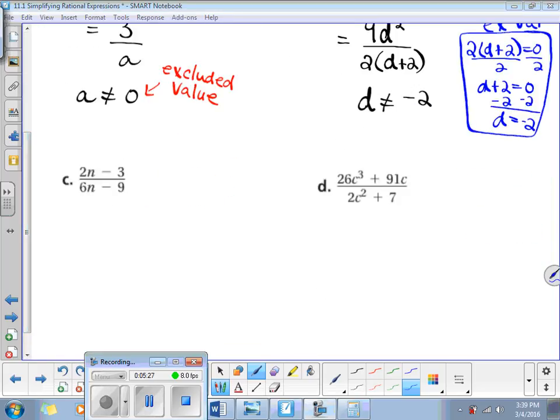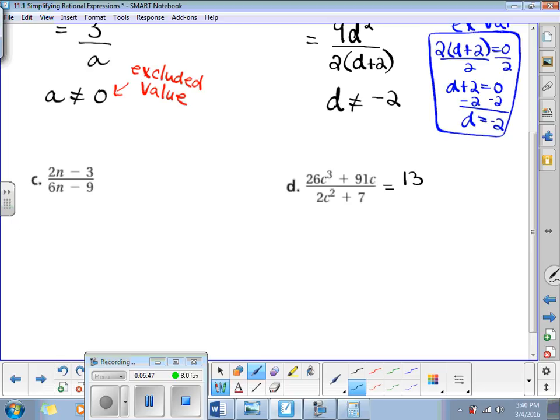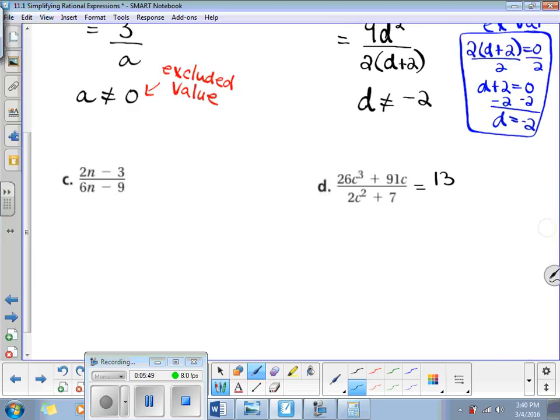For letter D, can I factor anything out? Let's factor out a 13. Oh, I can factor out 13C.